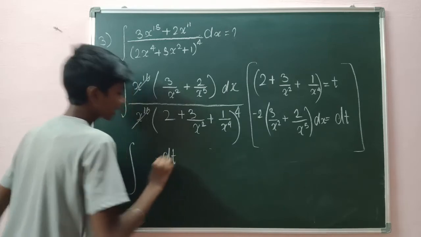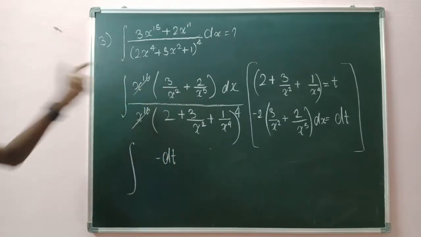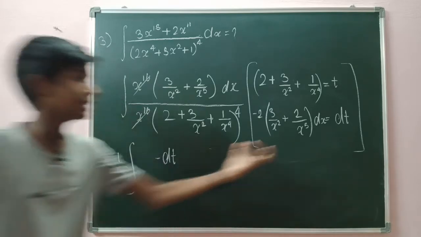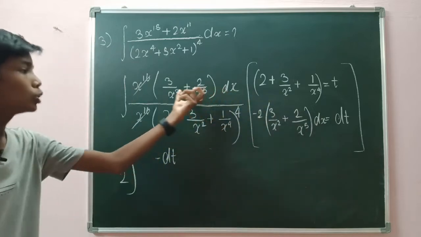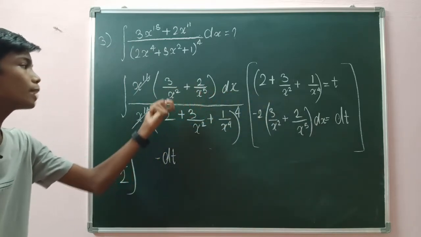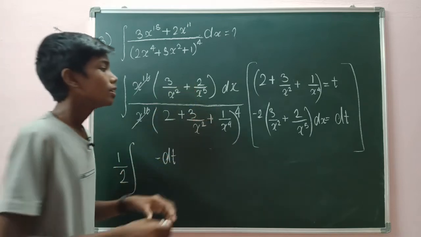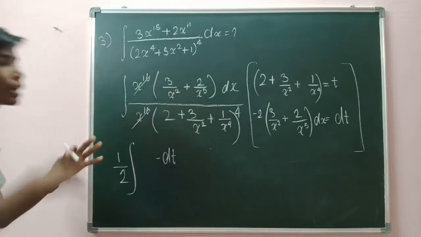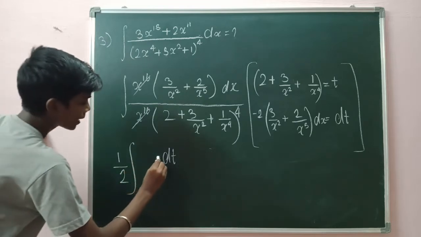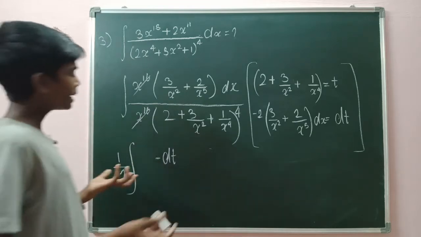Correct now? I can write the same expression in the numerator as minus dt by 2, and that 1 by 2 I can take outside the integral. Very simple, guys. Here I am having 3 by x square plus 2 by x power 5, and I am not having minus 2 in it, so I divide dt by minus 2, and that is what I did. So it will be minus dt by 2.